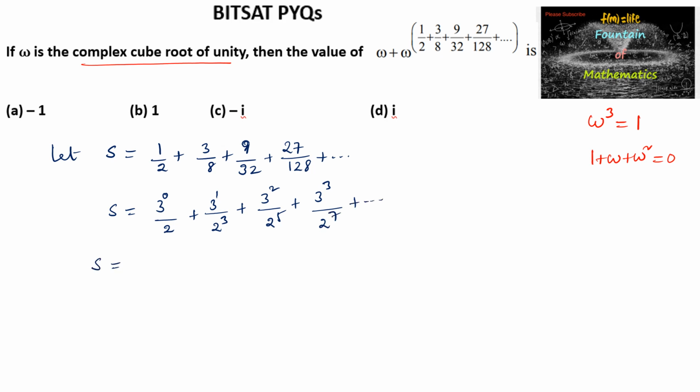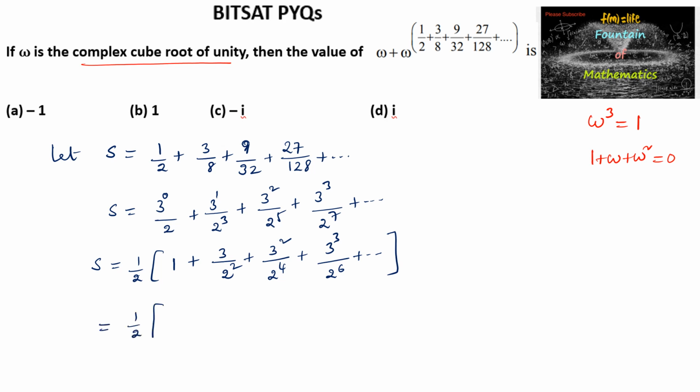Or we can write S is equal to 1 upon 2 taken common: 3 power 0, that is 1, plus 3 by 2 square, plus 3 square by 2 power 4, plus 3 power 3 divided by 2 to the power 6, and so on up to infinity.